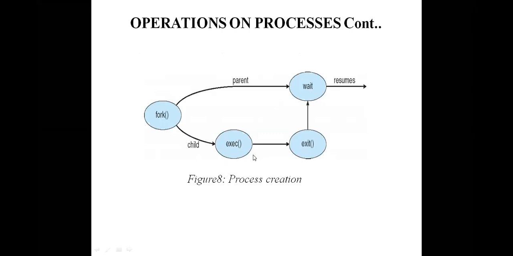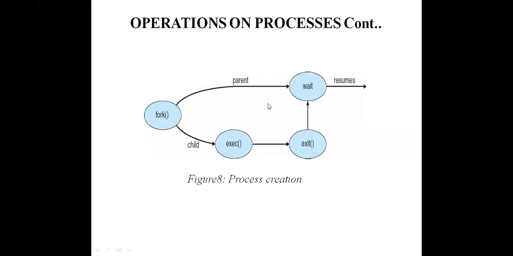Up to this entire time, what is the parent doing? The parent is waiting for the child's termination. Whenever the child sends a termination code, a status code, it will be accessible by the parent process. After that, the parent continues its execution.